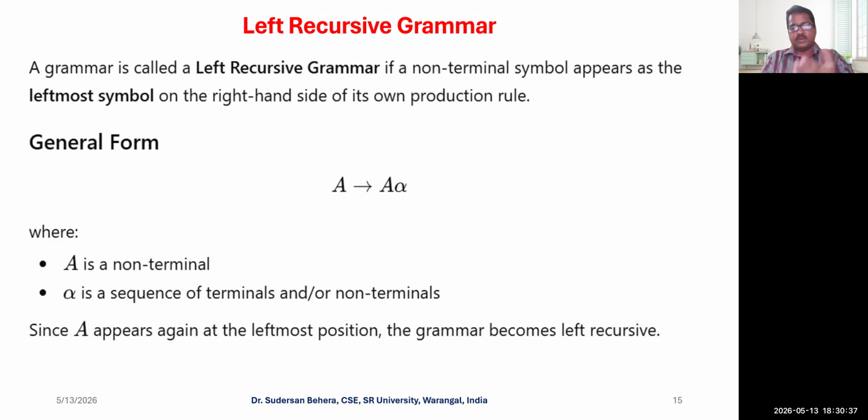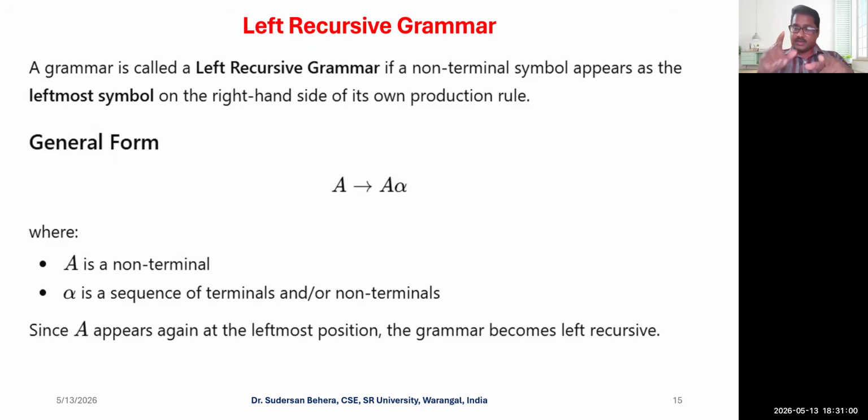For example, the form is given: A derives A alpha. See, A is the left-hand side non-terminal and is deriving something. What is it deriving? It is deriving A alpha. Okay, alpha can be anything. Alpha can be epsilon. Alpha can be any combination of terminals or non-terminals, and alpha can be another A, alpha can be a terminal. Okay, that is secondary.